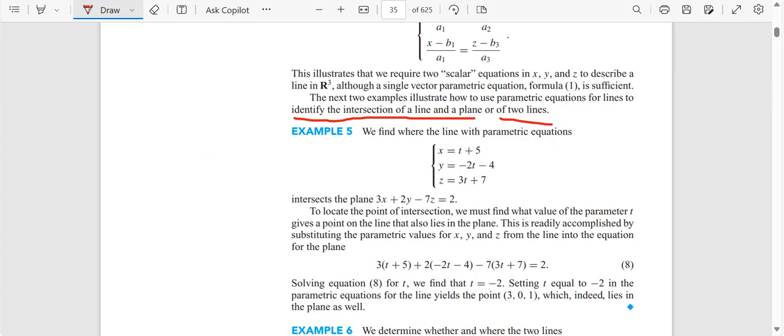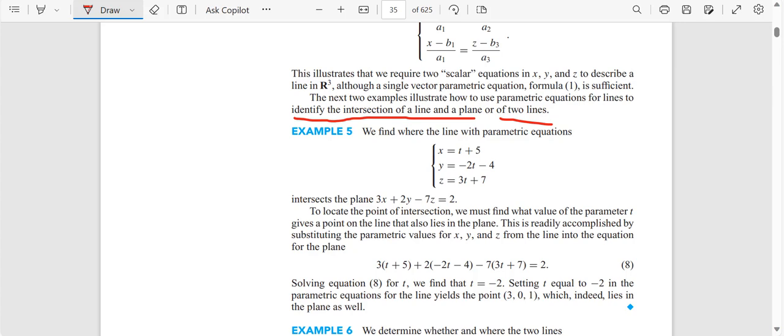Okay, so next they're going to give us two examples where we use parametric equations for some convenient tasks. The first one is here: identify the intersection of a line and a plane. They're going to give us the equation of a plane and the equation of a line, and we want to find the intersection if it exists. Typically, if you think of a plane and a line, they probably intersect, but they don't have to.